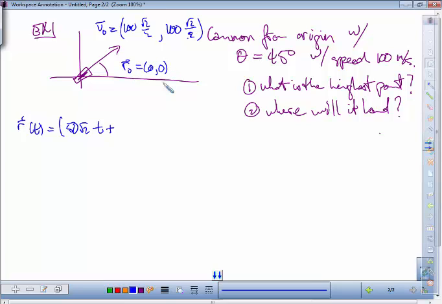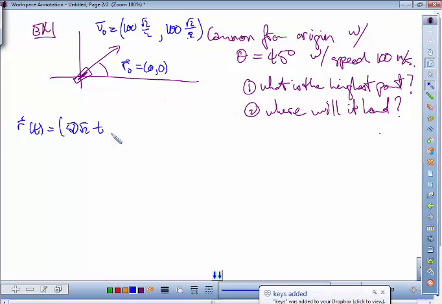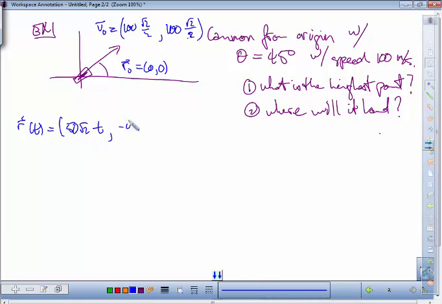It's starting from the origin, so let's just call it 0, 0. So this thing is just 50 square root of 2 times t with no extra constant, and then negative 4.9 t squared plus 50 root 2 times t plus 0 again.